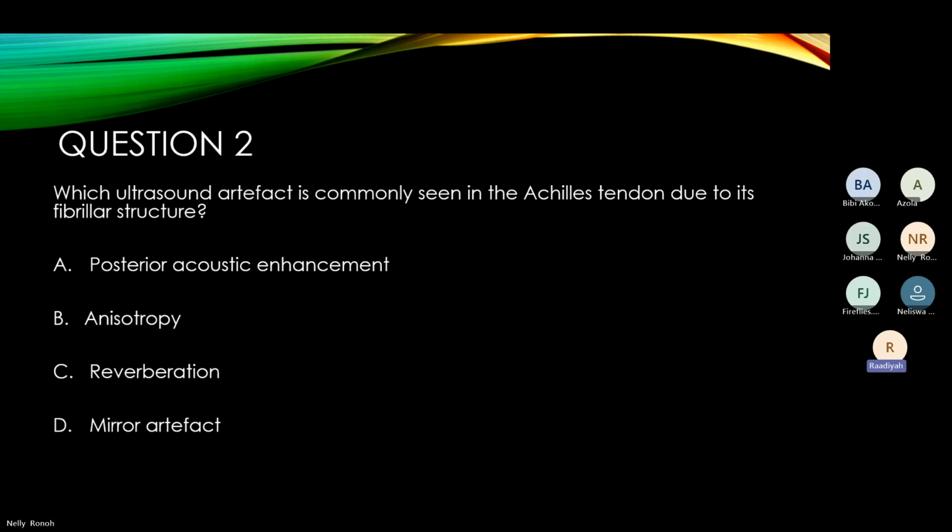I'm not actually sure. I know we were talking about anisotropy as a common artifact, but I'm not sure for this one. Yeah, actually, for the tendons, there is no other artifact apart from anisotropy.